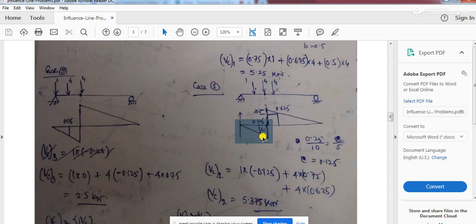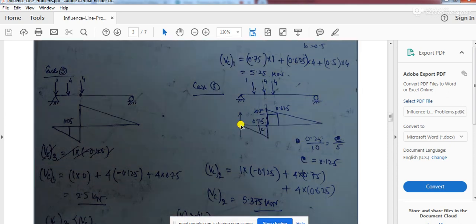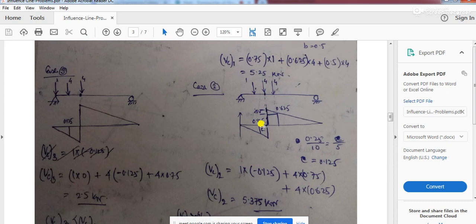In this small triangle, from here to here it is 10 meter. The maximum ordinate from here to here is 0.25. So 0.25 divided by 10 equals this ordinate C, and from here to here the distance is 10 meter.